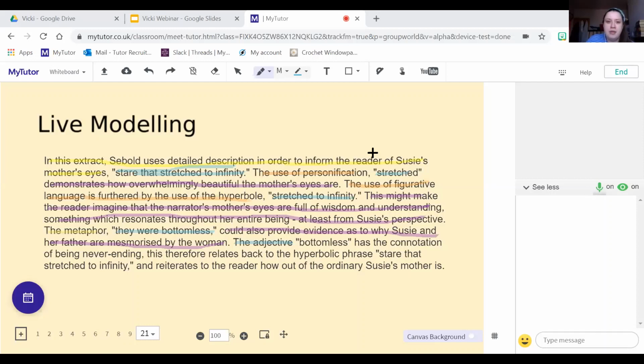In terms of teaching poetry, and I think some of you have also asked about what other text we're going to be looking at. So I'm going to throw that one briefly over to Frederica in terms of literature. Yeah, so thanks, Vicki. So if you're wondering what's kind of coming up, just to say that we are looking into kind of expanding the subjects that we do offer to you guys, and where lots of you have asked for English literature texts, then that's something that's on our radar. And to say that the best way to find out what's coming up is to just make sure that you've signed up to the My Tutor online school, and then you'll be notified as and when we do add extra subjects to the schedule.